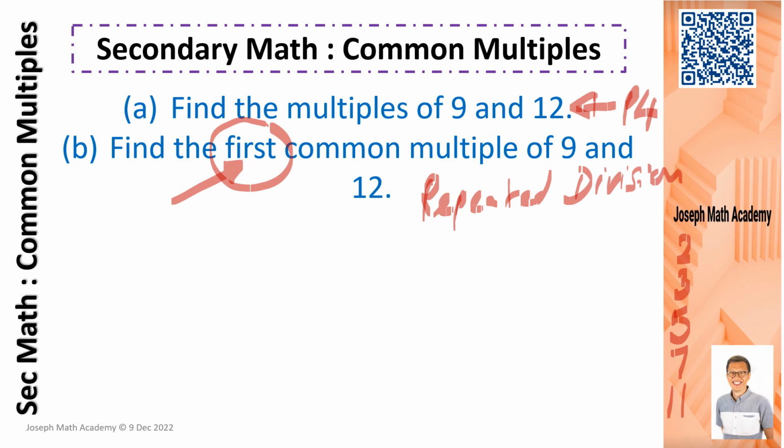Now repeated division is a very interesting way of writing the notation. It is the upside down division symbol. In primary school, our division symbol looks like this. But for secondary school repeated division, the symbol is the upside down one. Okay, let me show you how it looks. I want to clear this part, I want the space.